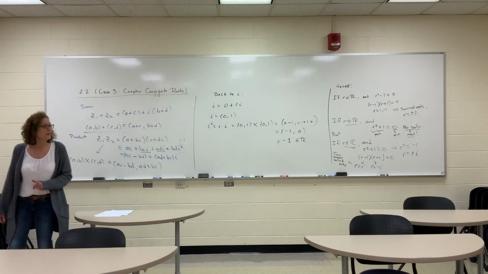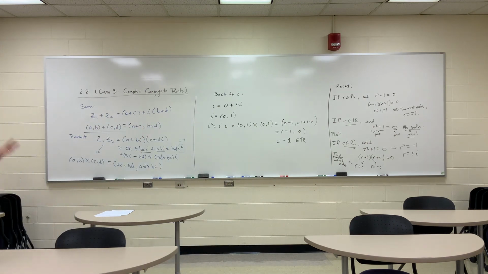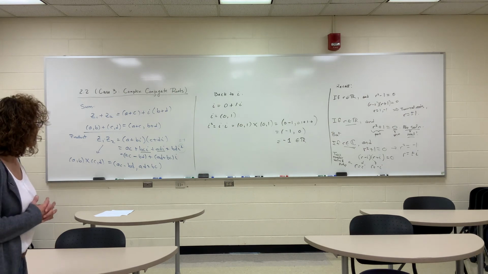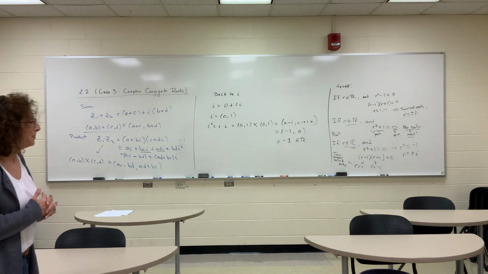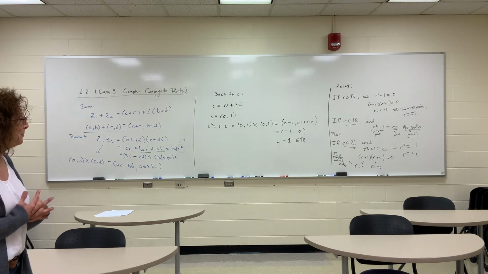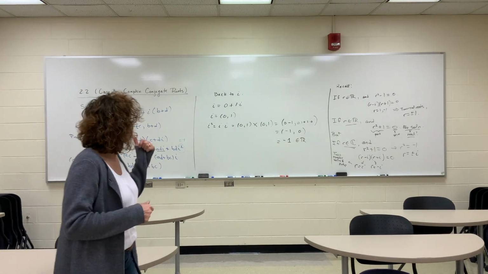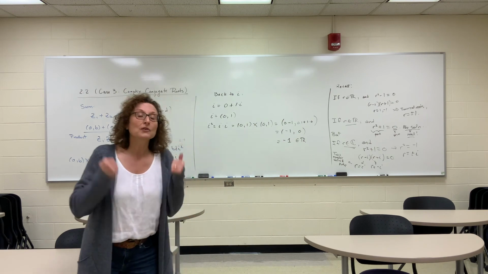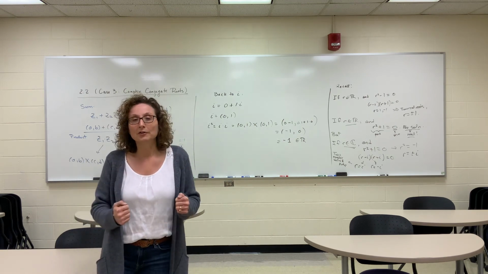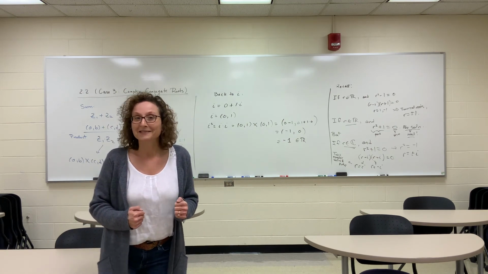It's really a much bigger thing, and when we come back, we will put these complex conjugate roots that come out of a characteristic polynomial to work for us to solve differential equations. Stay tuned.